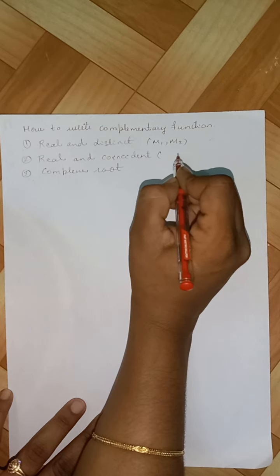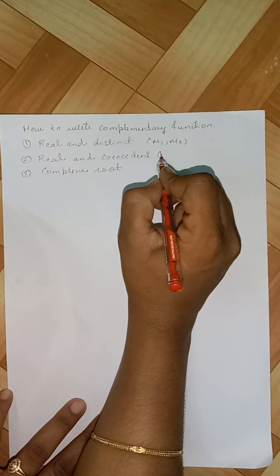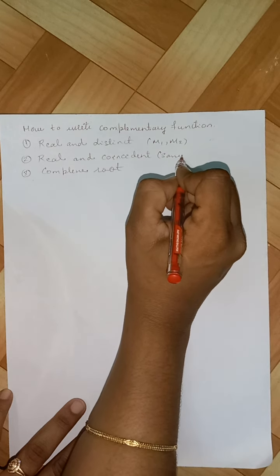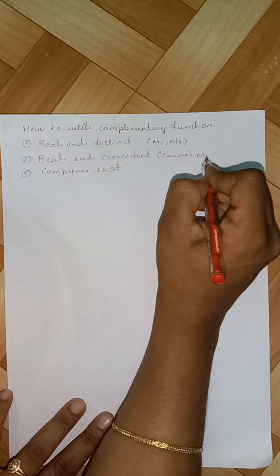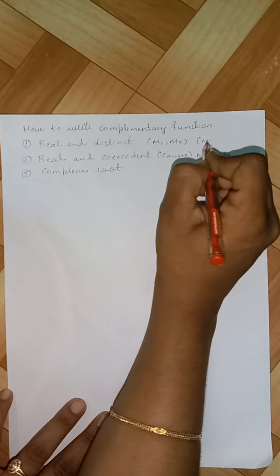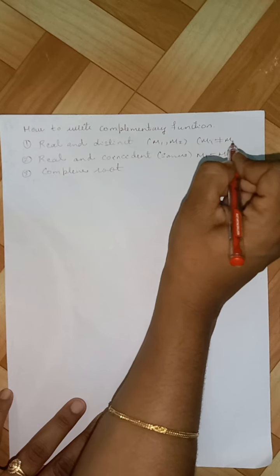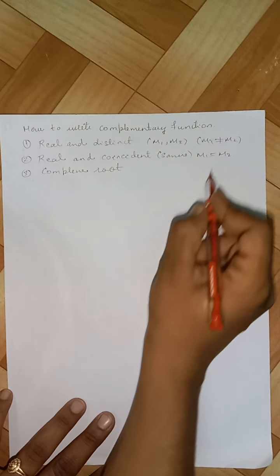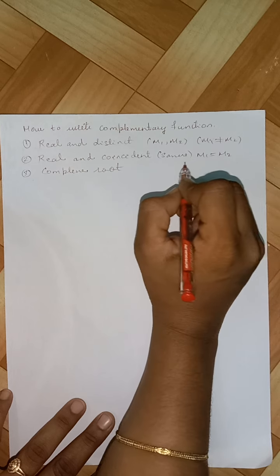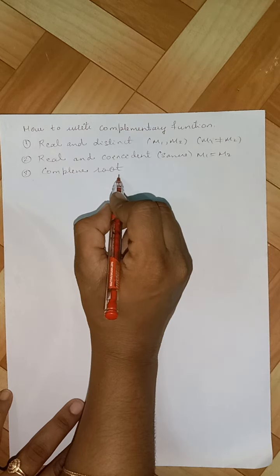And then if the roots are real and they are same, so meaning of coincident is what? Same. So I'll denote it as M1 is equals to M2. Here I write M1 not equal to M2. They are real but distinct. Case 1. Real but same. Case 2. And the case 3 is complex root.